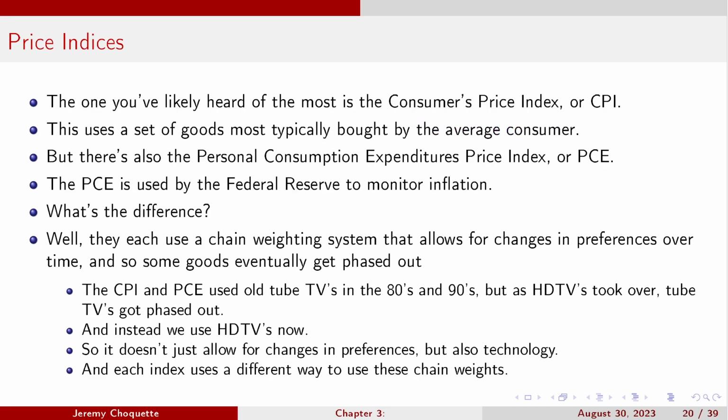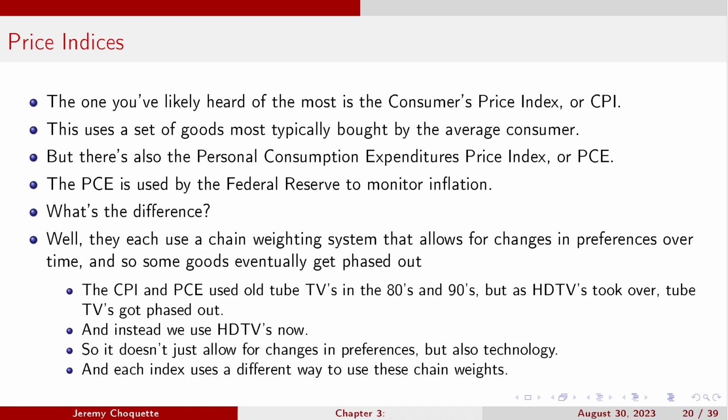Now, the one that you've likely heard of the most is called the Consumer Price Index, or the CPI. This uses a set of goods most typically bought by the average consumer. There's also the Personal Consumption Expenditures Price Index, or PCE. This is what the Federal Reserve uses when they're trying to monitor inflation.